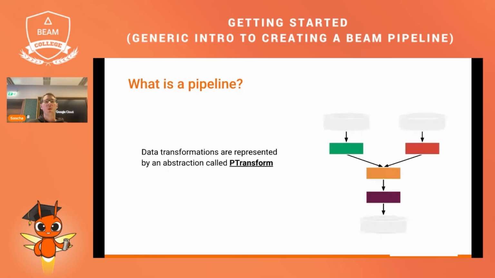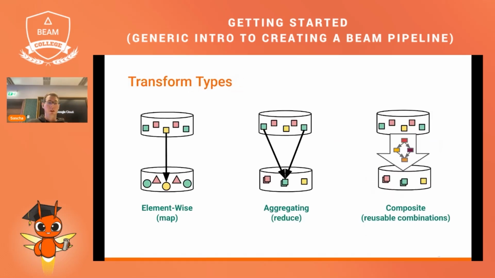Today, we will focus on 3 of them, starting with the element-wise transforms. We will then talk about the aggregation transforms, and then we will head over to the composite transforms. There are a few more, but we will just focus on these right now.